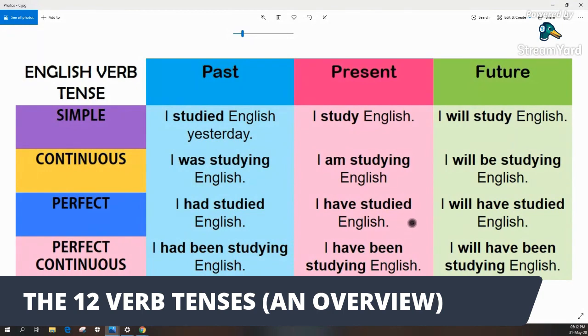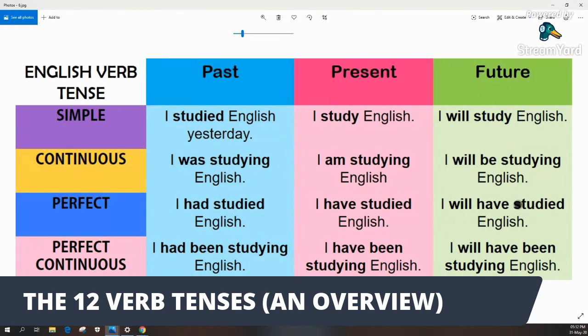So this is to indicate an action which started in the past and has continued up until now. So that is the present perfect tense. I have eaten all the pizza.